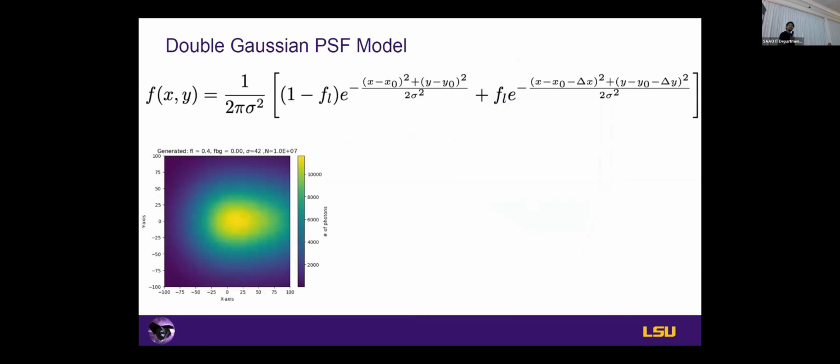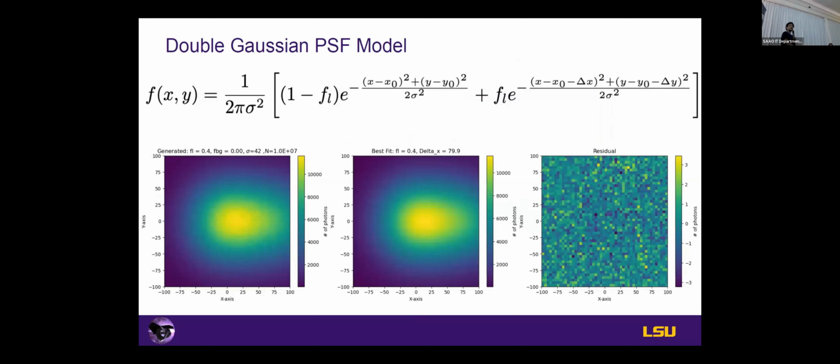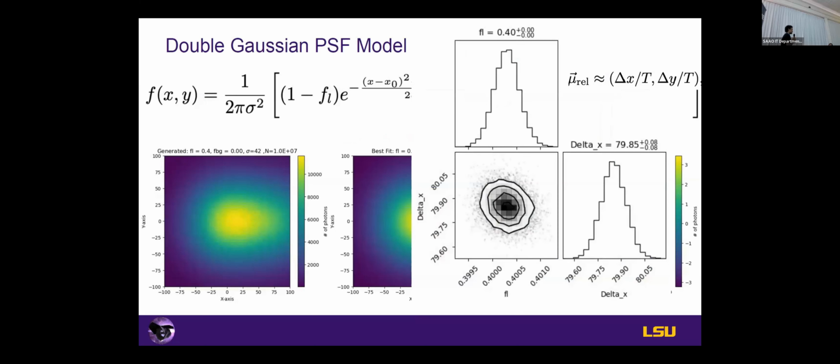What Bennett Anderson Gaudi did is they assumed that we can model the two sources with a double Gaussian, and in principle we can take the image and fit the model and get the optimized parameters, which give you the lens flux fraction and the angular separation of the source and the lens. And if you know the time duration between which you have taken the images, that can give you the proper motion. Right, so this is the numerical MCMC way of doing it.